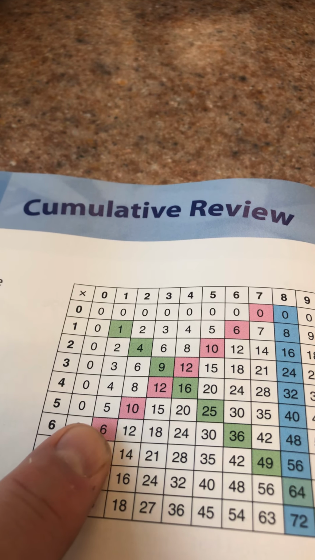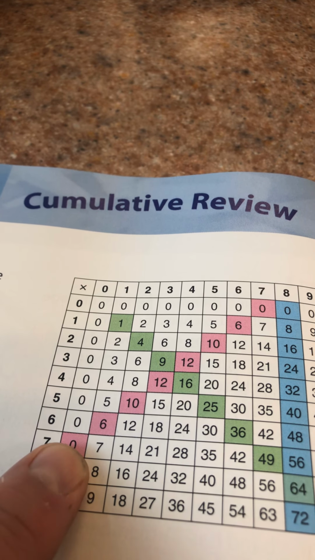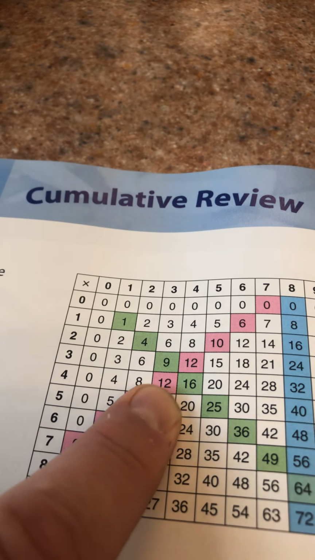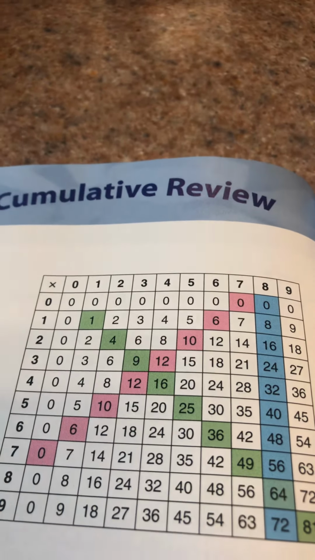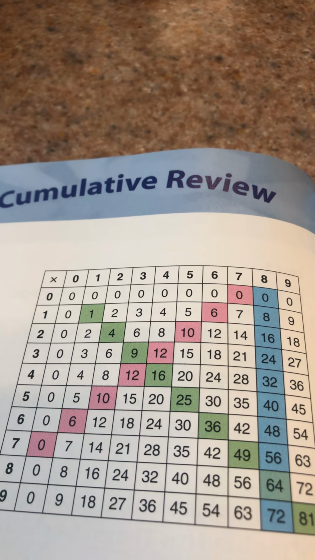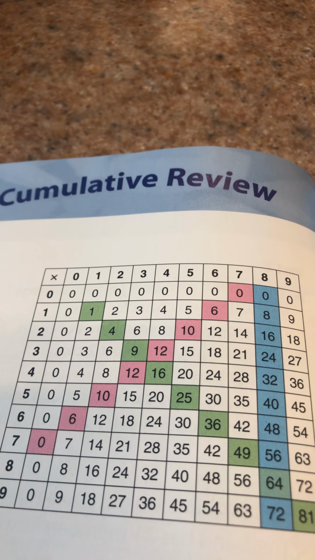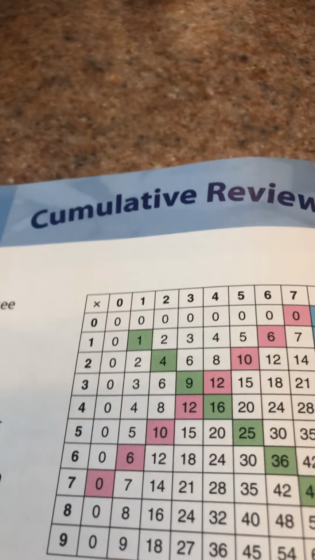They go up, and then they go down: 12, 10, 6, and 0. Kind of an interesting one there, to say the least. It's kind of cutting across to making the X.